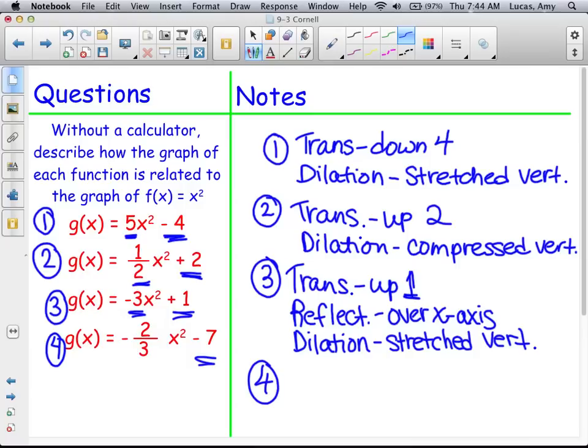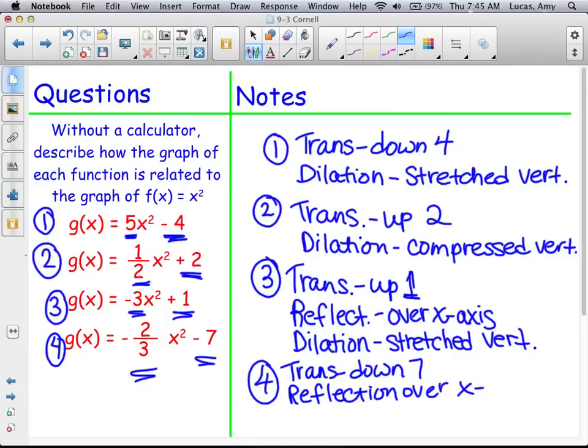So on our last one, we have 3 things again. So it's going to be a translation down 7. It's also a reflection because of the negative sign. And that reflection is over the x-axis.